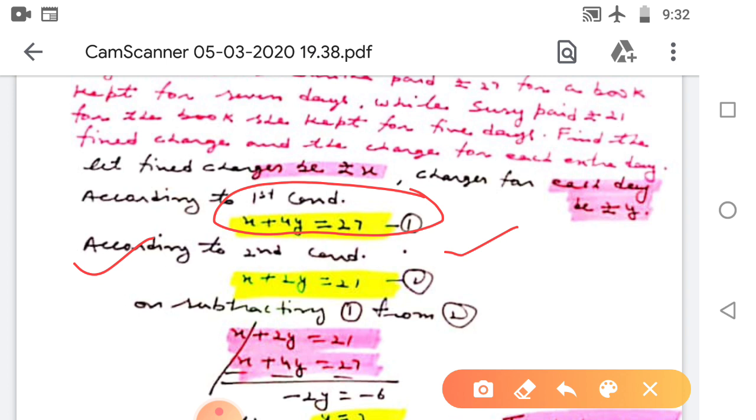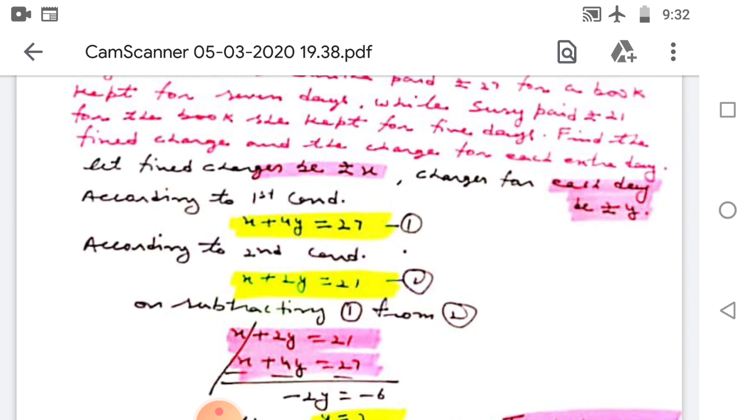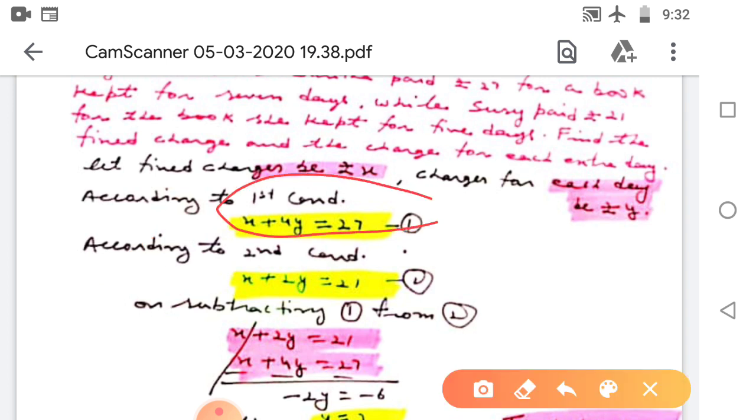For the first 3 days the charge is x rupees, and 5 minus 3 is 2 additional days, so the charge for those is 2y rupees. So the second equation is x plus 2y is equal to 21. Now we have two equations: x plus 4y is equal to 27 and x plus 2y is equal to 21.